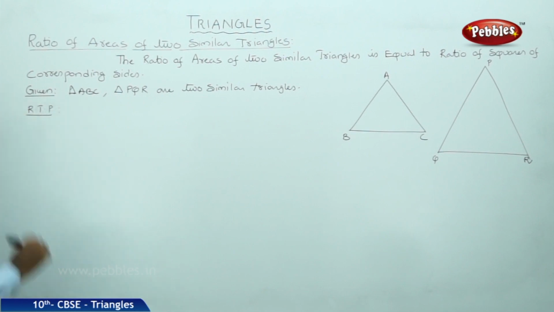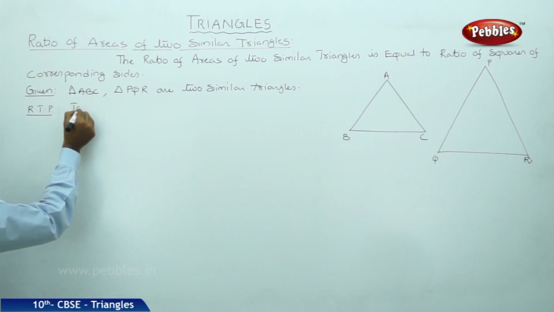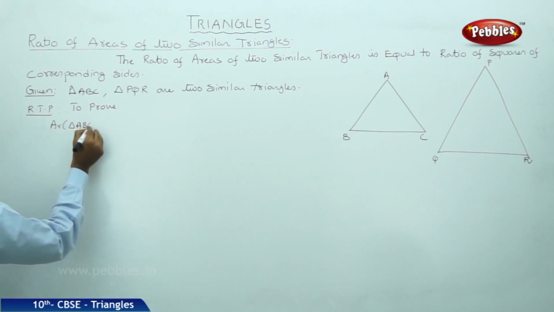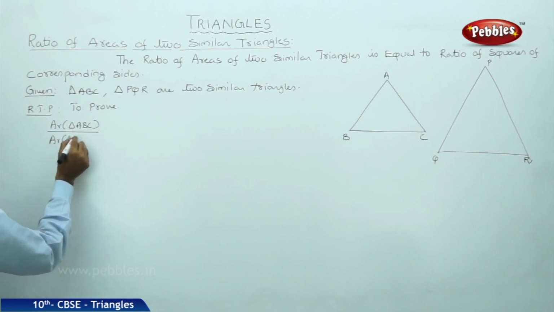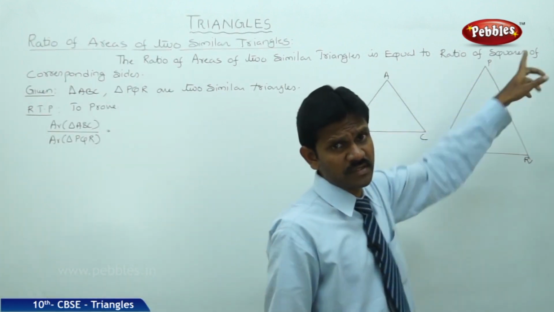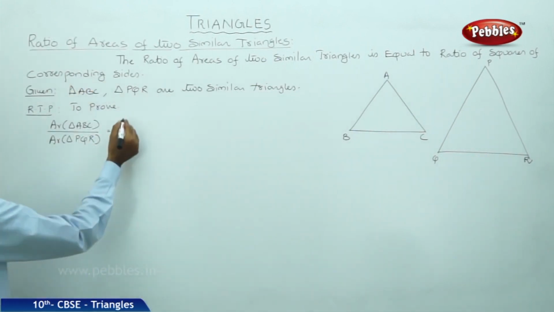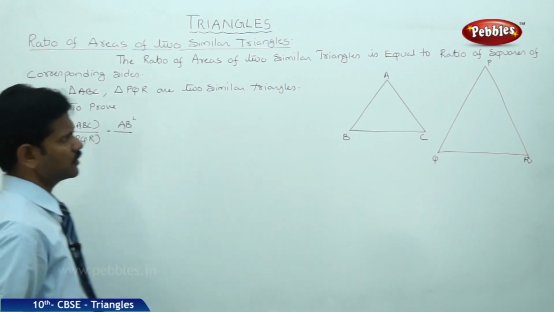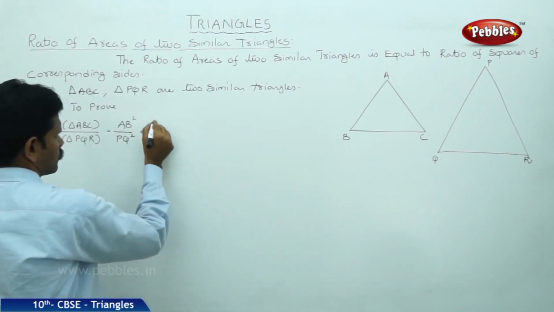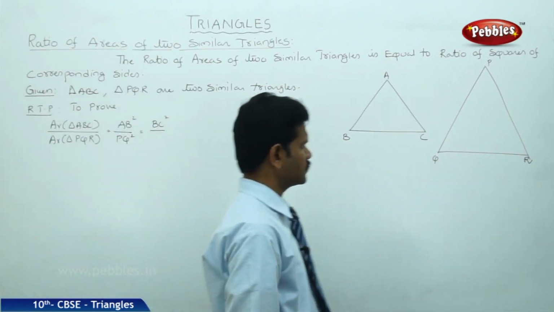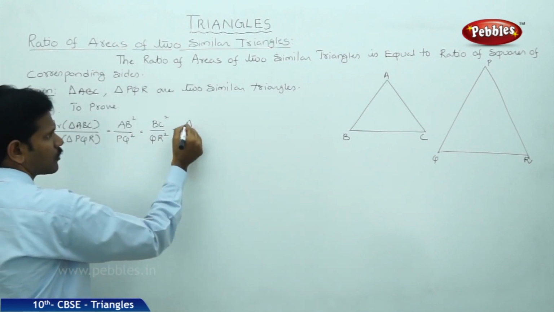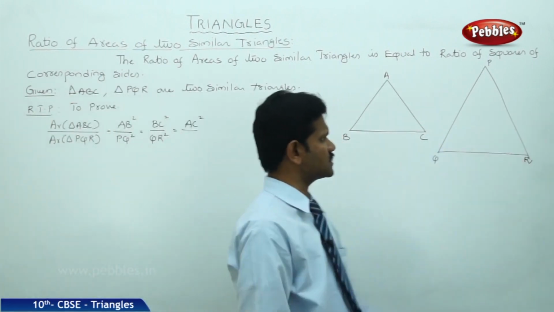RTP, what we have to prove? To prove area of triangle ABC by area of triangle PQR is equal to the ratio of squares of corresponding sides, that is, AB square by PQ square, which is equal to BC square by QR square, and AC square by PR square.